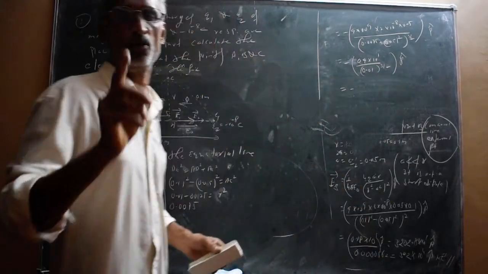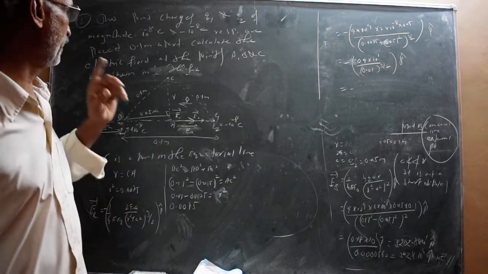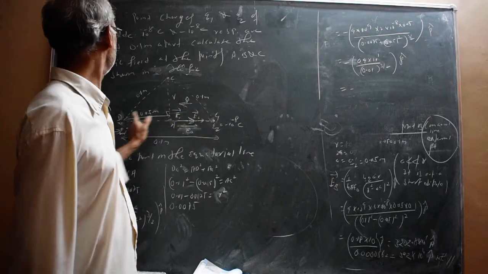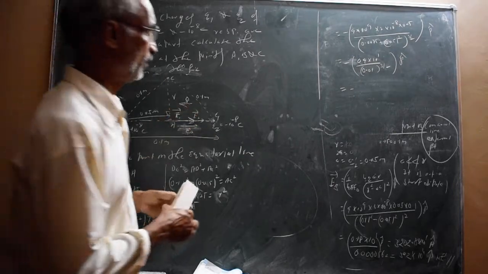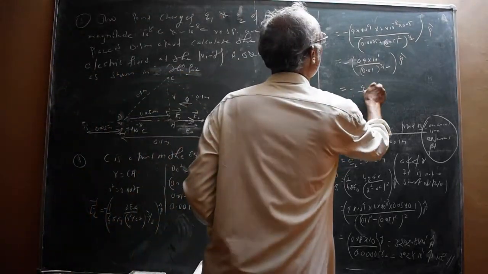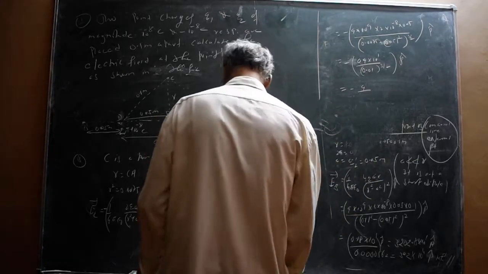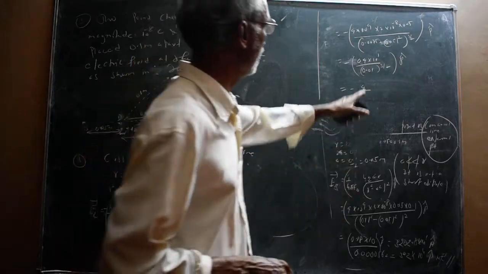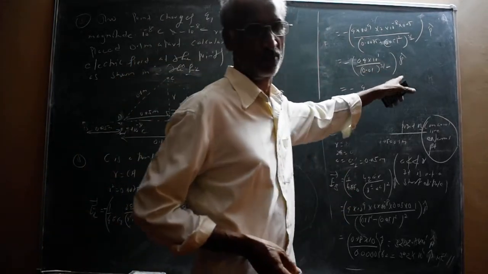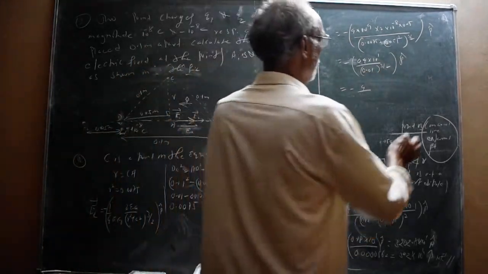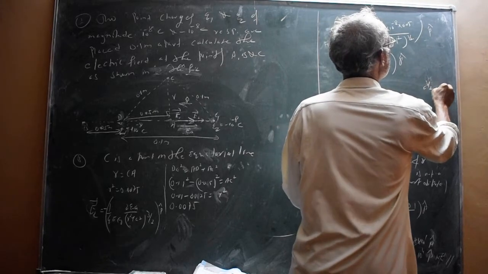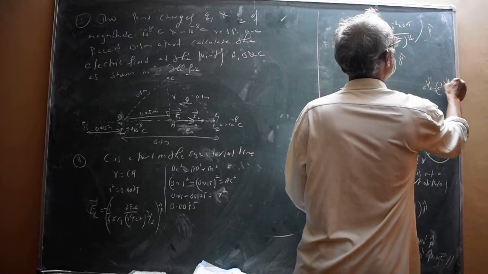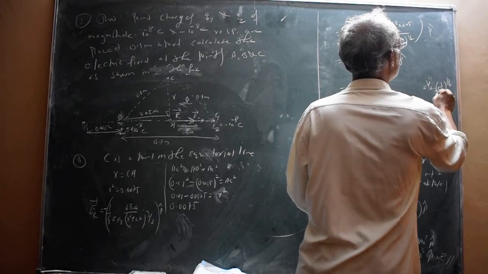P cap is the unit dipole moment directed from minus Q to plus Q here. Minus of 9 upon 0.01 raised to 3 by 2. Raised to half means square root. A raised to 3 by 2 means A cube raised to half, that is the square root of A cube.